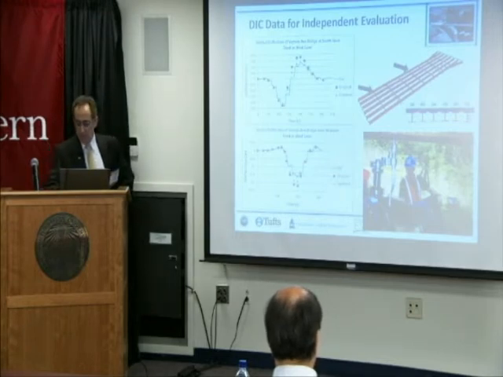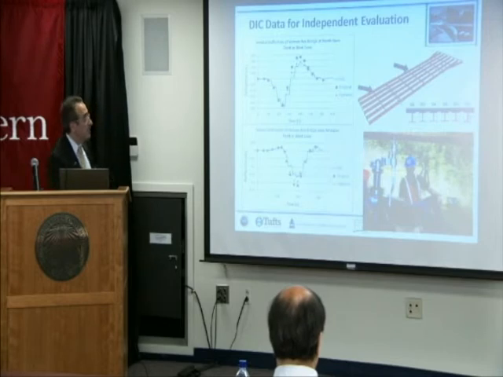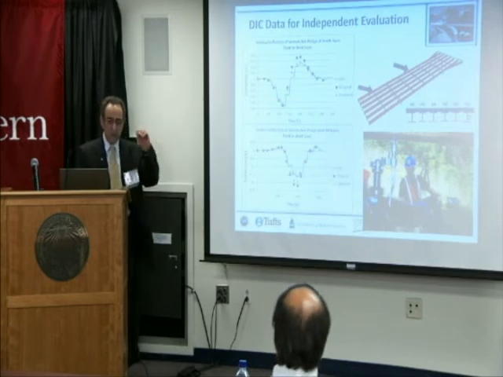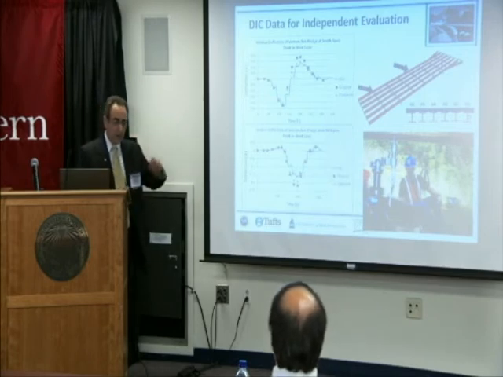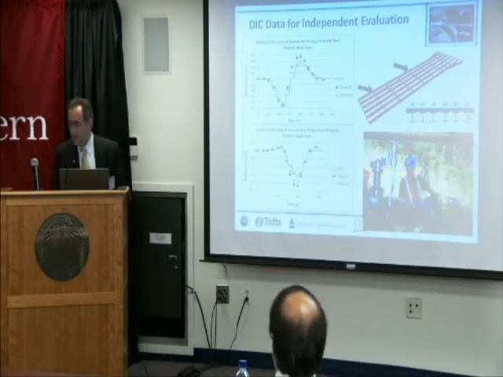Then we used cameras for digital image correlation data. That is, cameras take images of pixels that are marked on the girders, and they also verify these measurements with LVDTs, and they came very close.